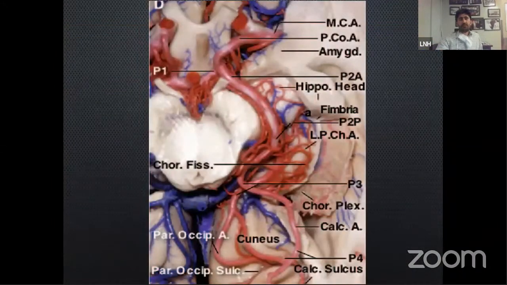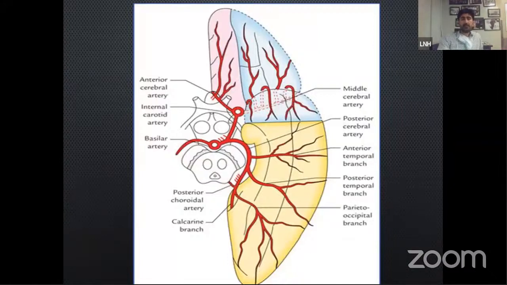These are the different branches. Now, this is a better diagrammatic representation of the different branches arising from the P2 and P3 segments that supply the occipital lobe. From the P2 segment, as I discussed already, this is the anterior temporal branch, this is the posterior temporal branch, supplying the temporal and part of the posterior occipital lobe.